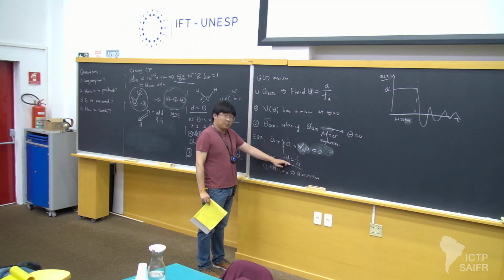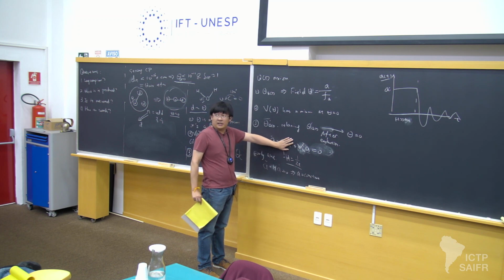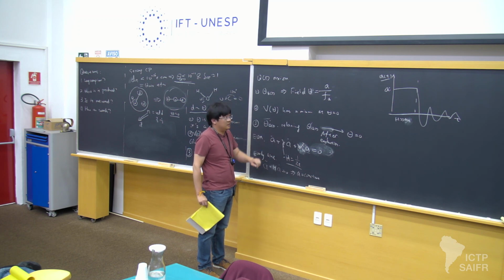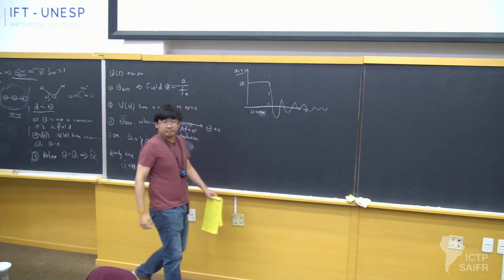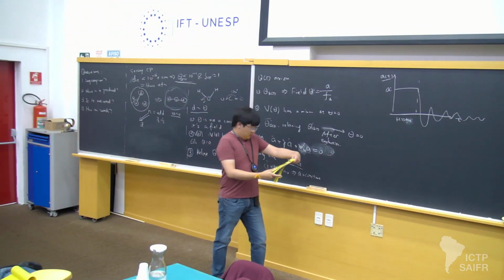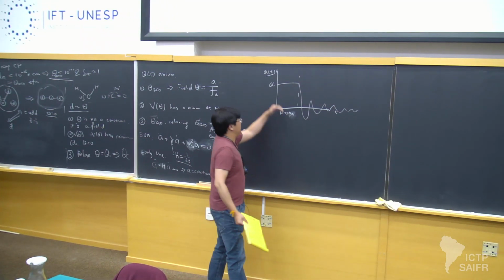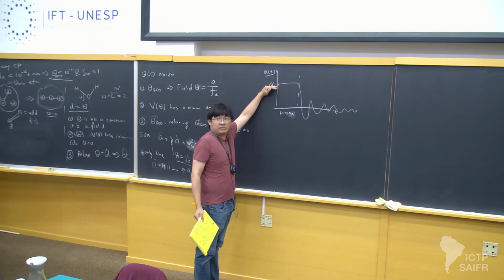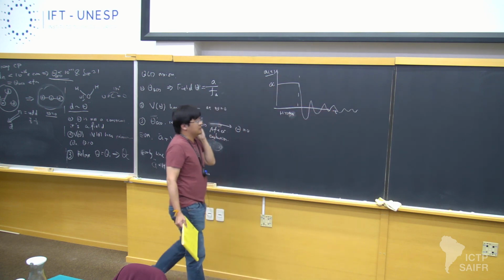Of course, Hubble will continue to decrease afterwards, and after some time this term becomes less and less important compared to this term. So now, instead of a damped oscillator, I just have a harmonic oscillator, and this thing just continues to oscillate. That's basically the behavior of the axion field in the early universe. It started as a constant with initial misalignment field value, it oscillates, and the amplitude goes down as a function of time.